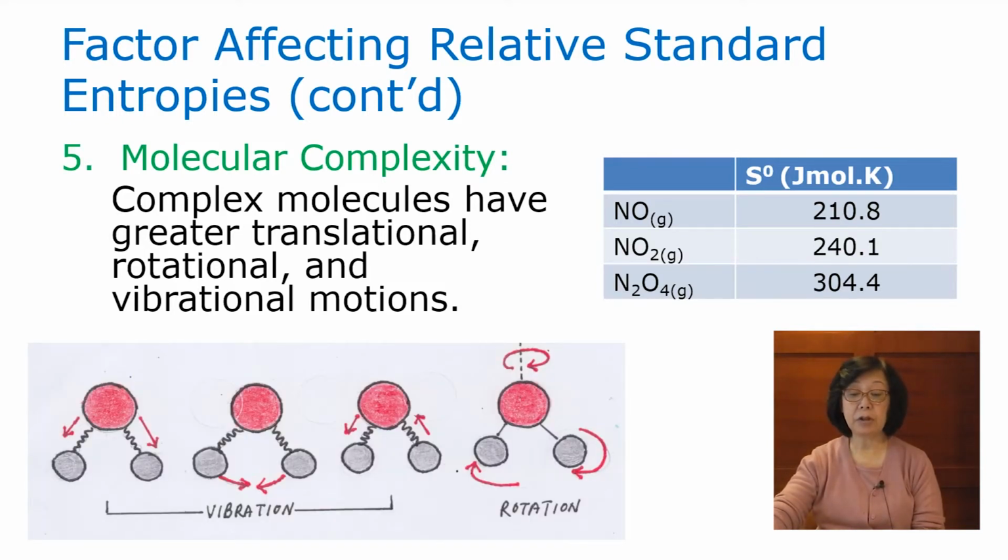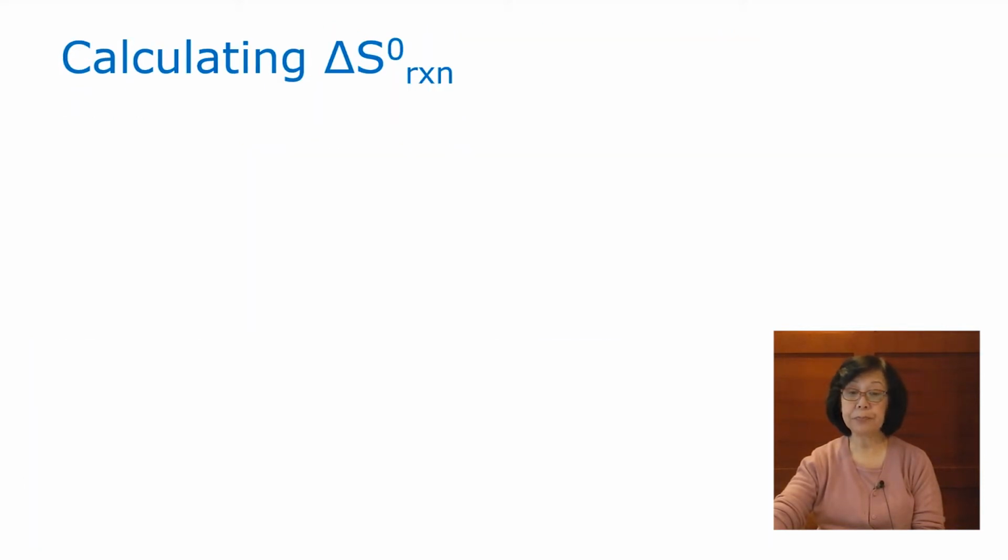Now here's a diagram showing the vibrational motion, where the atoms can vibrate either away from each other, towards each other, or toward one side, or the molecule can spin on its own axis. These are the motions of molecules affecting entropy.